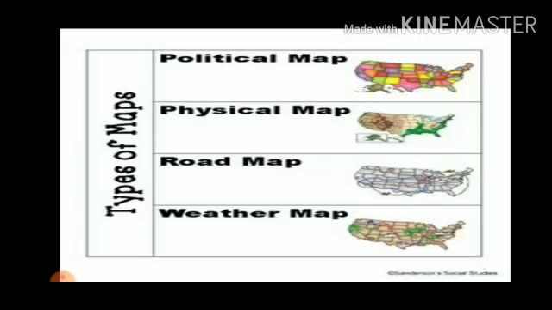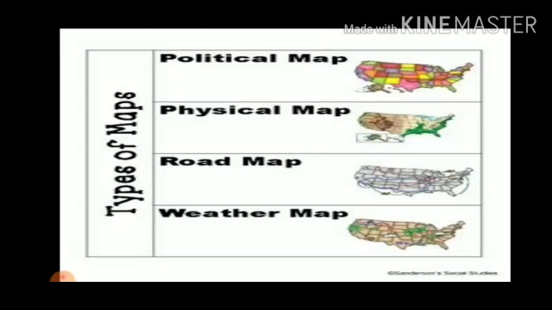A map has many colors. So that point from the previous slide I am discussing here. All the colors stand for something. They are symbols or representations of either landforms or water bodies.